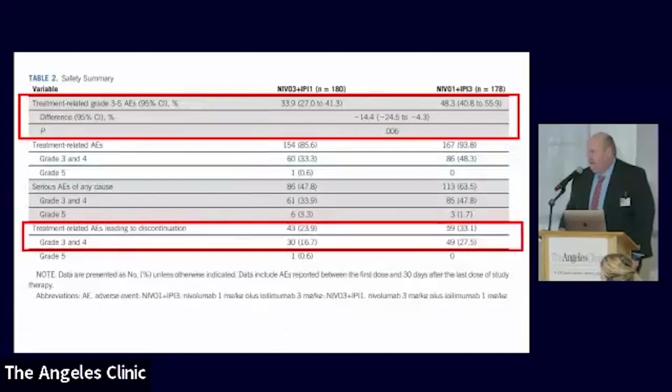But here's the kicker: the side effect profile was substantially better for the quote-unquote flipped dose, the Nivo 3 IPI 1, at 34% serious or grade 3 to 5 events, whereas it was an increased number of 48%, so nearly half had serious side effects on the IPI 3 arm.